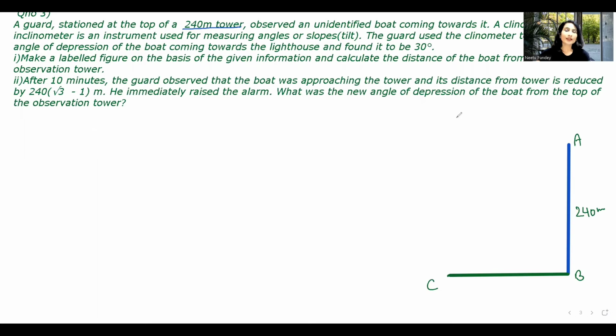The boat is here, and since the guard is stationed at the top of the tower, if you remember, first you have to just imagine one horizontal line which is parallel to the ground, and the angle of depression is always formed with this horizontal line, towards below the horizontal line. So it will be somewhat like this.